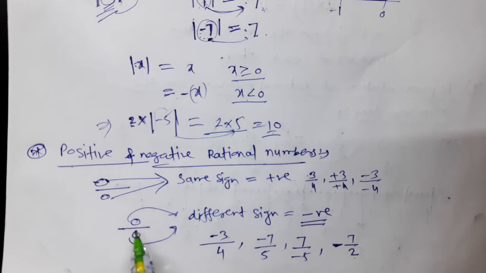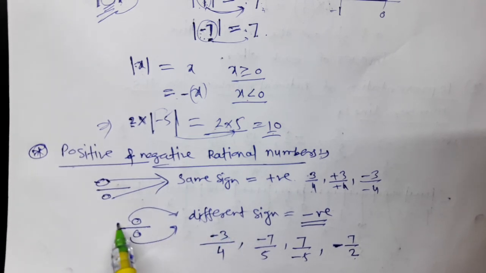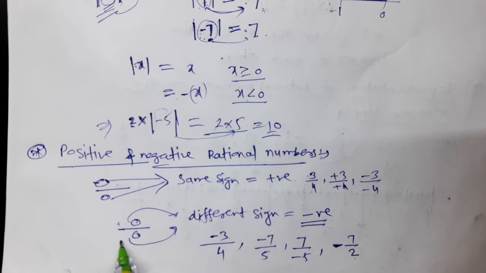Now if the numerator and denominator have different signs, meaning if the numerator is positive then the denominator is negative, that number will be a negative number. And if the numerator has a minus sign and the denominator has a positive sign, then that number will also be a negative number. Here are some examples: minus 3 upon 4 and minus 7 upon 5. These numbers have negative numerators and positive denominators.